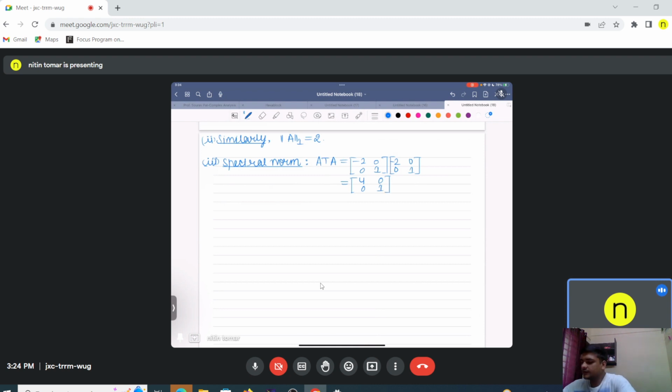Now what are the eigenvalues? So eigenvalues of A transpose A are nothing but 4 and 1, and so the two norm will be square root of the maximum of mod lambda.